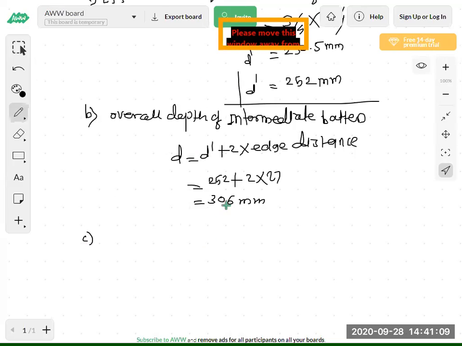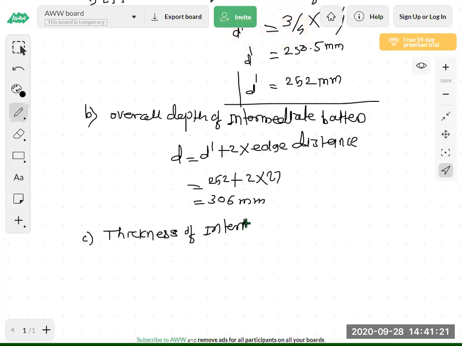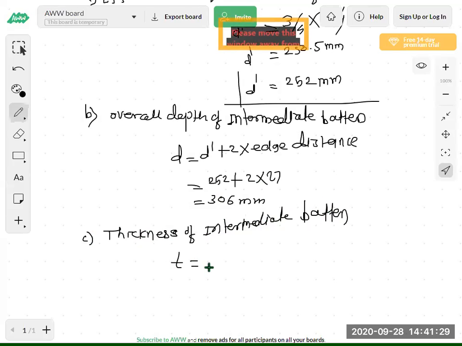Similarly, end batten, this is the intermediate batten. Now thickness of intermediate batten. So small t is equal to, again here 1/50 into the same formula, 360. So here again 7.2, it means we can use 8 mm.